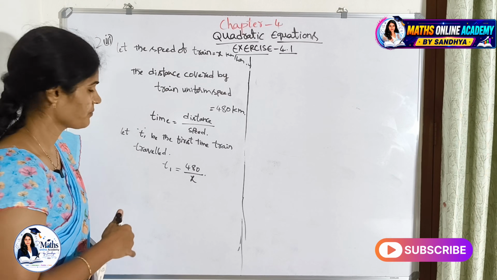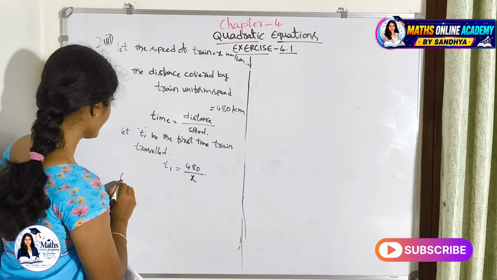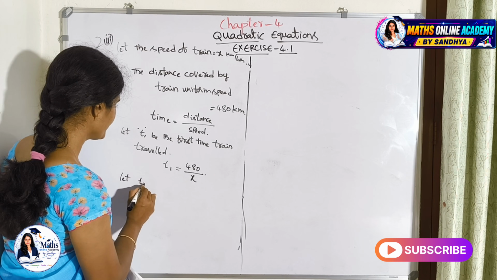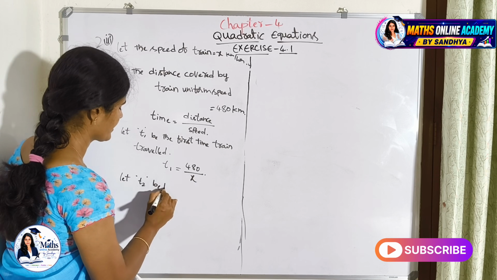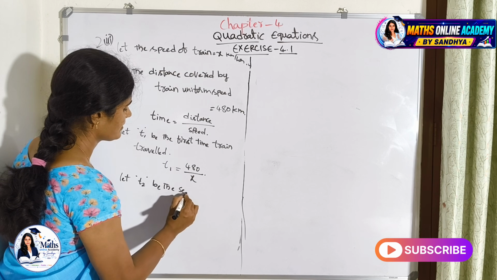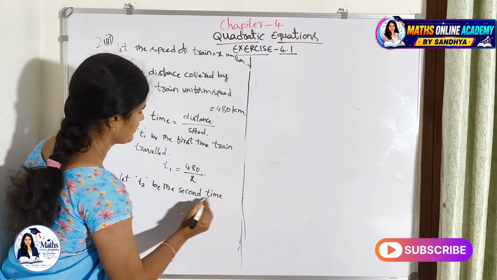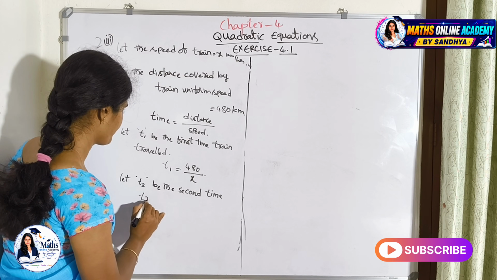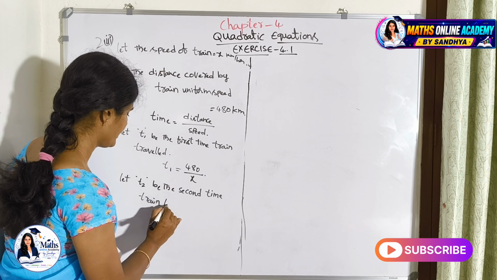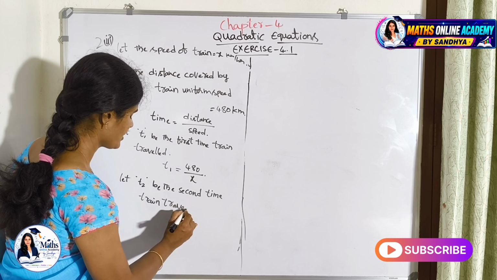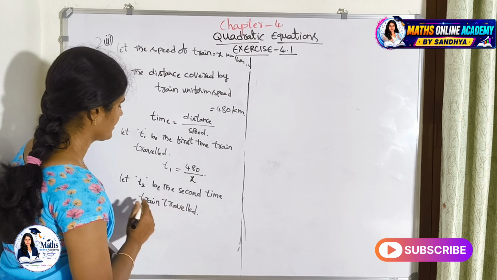Next time, let T2 be the second time the train traveled.